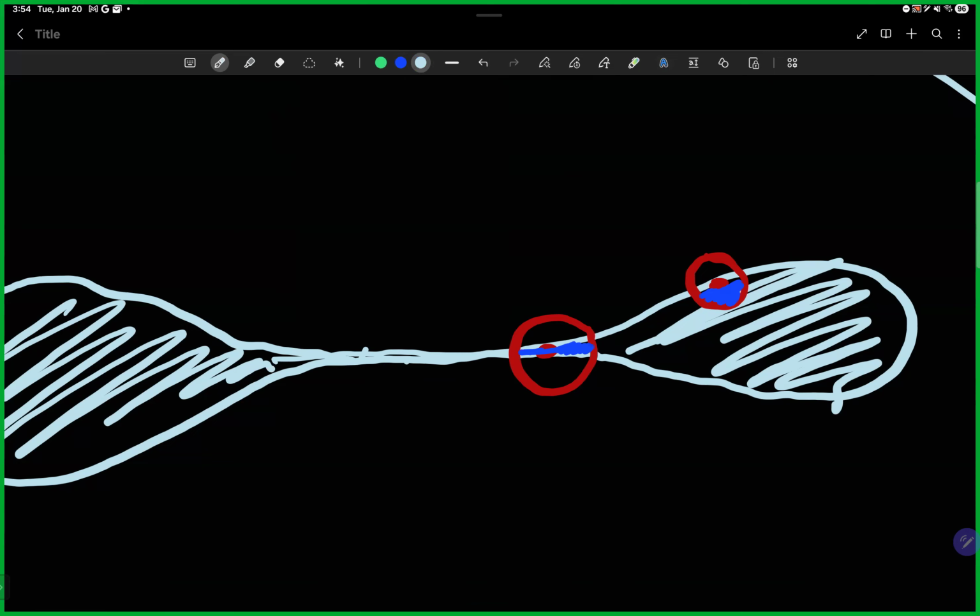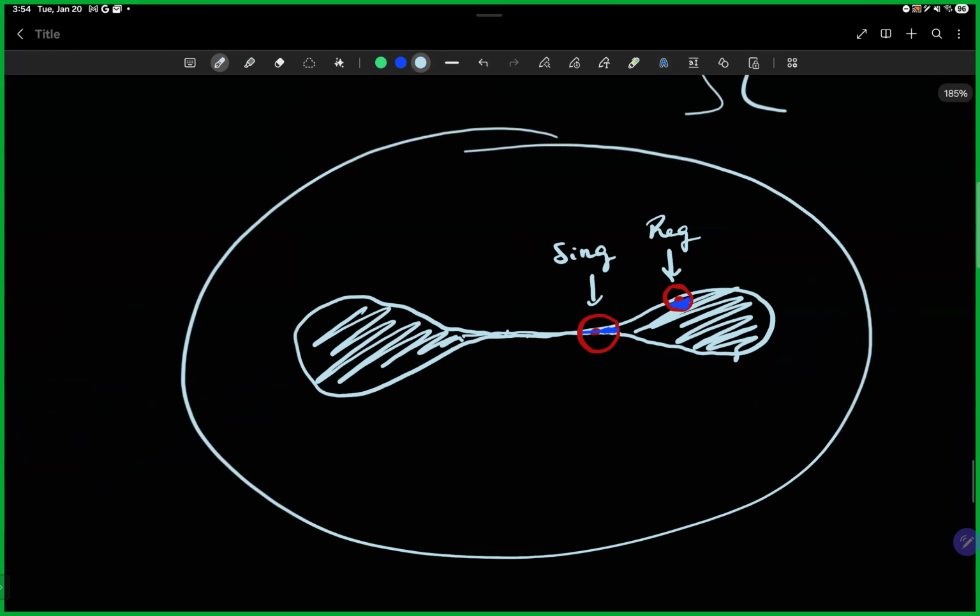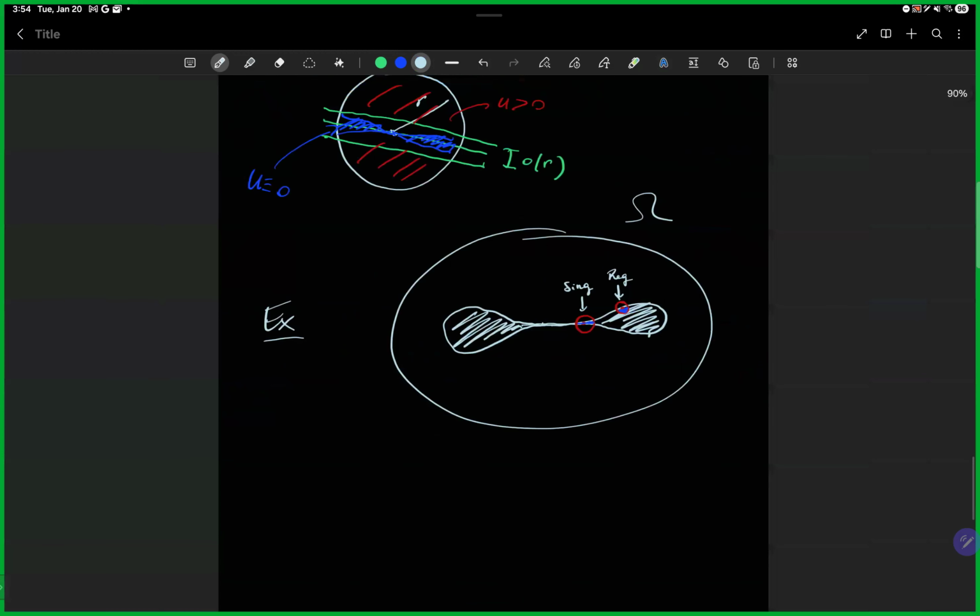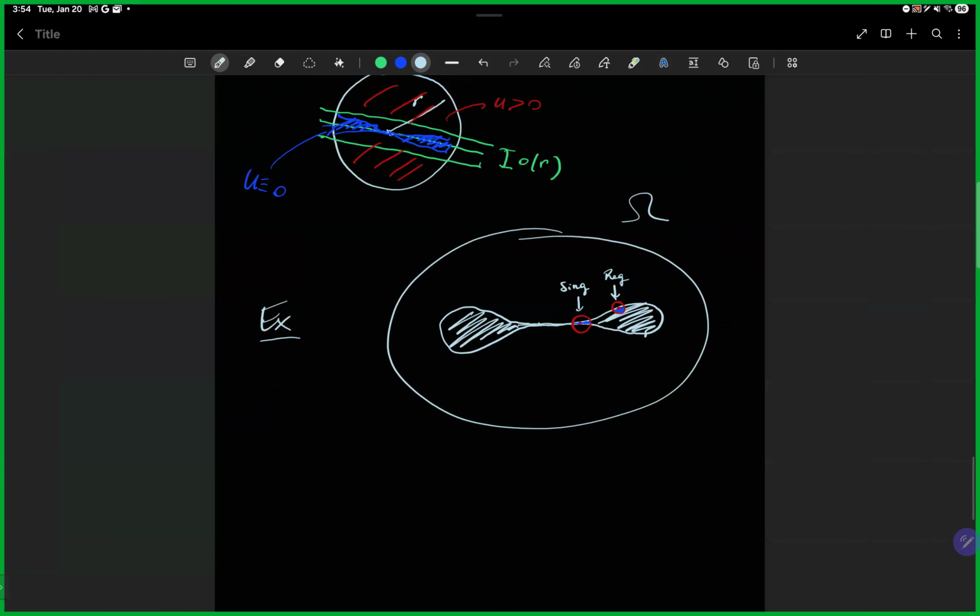So this one is regular, and this one is singular. So this is the picture to keep in mind. You could have these big chunks where everything is nice and regular, and then there are these lines or points where curves meet, and they form cusps. And these are the singular points.